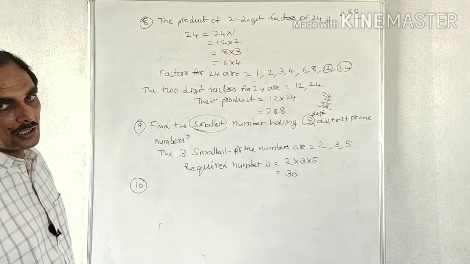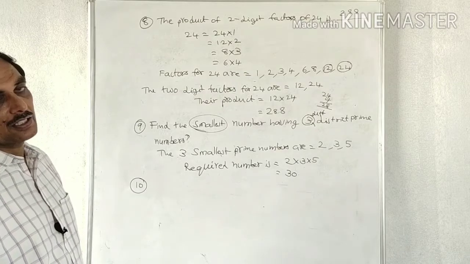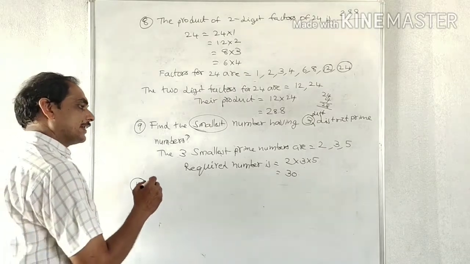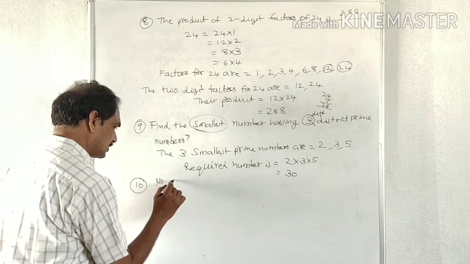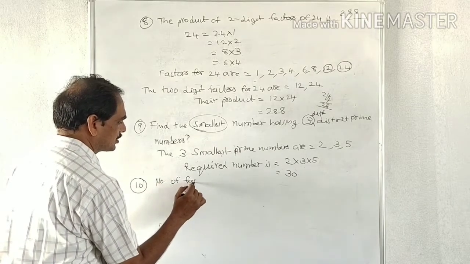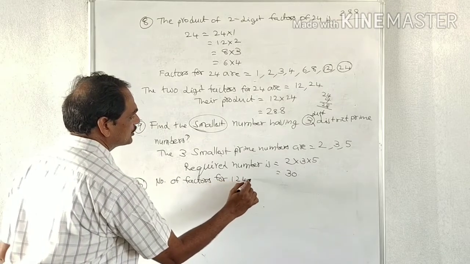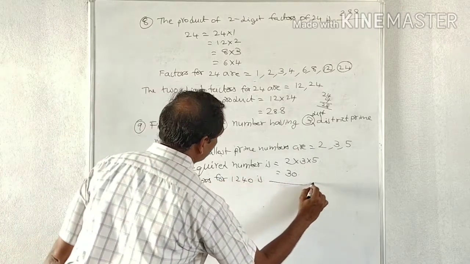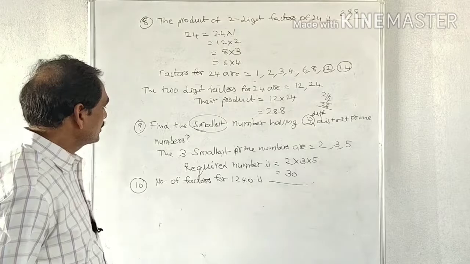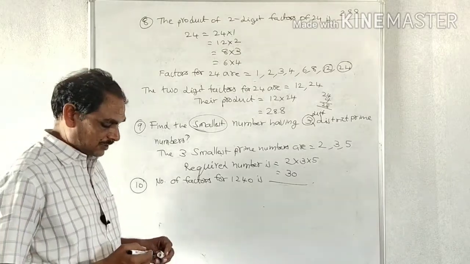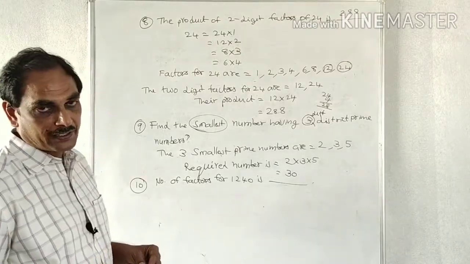Next, 10th. Number of factors for 1240 is dash. So from 1 to 9 the numbers are smaller.